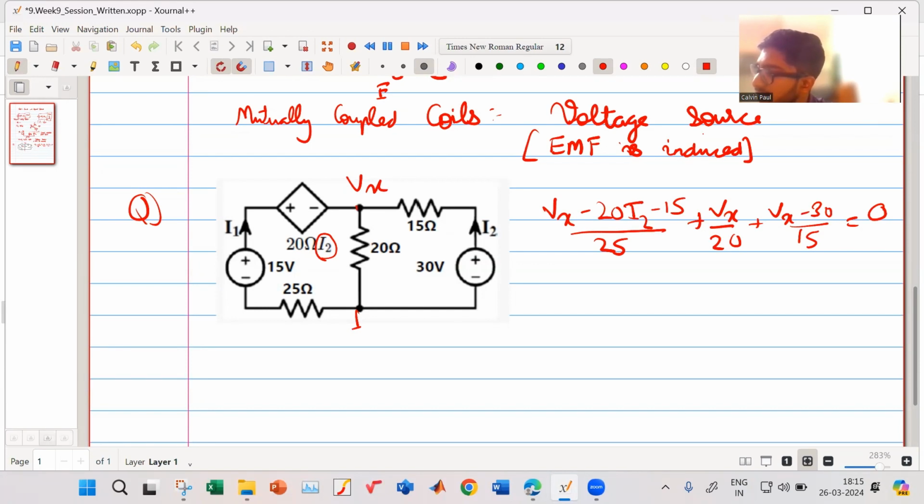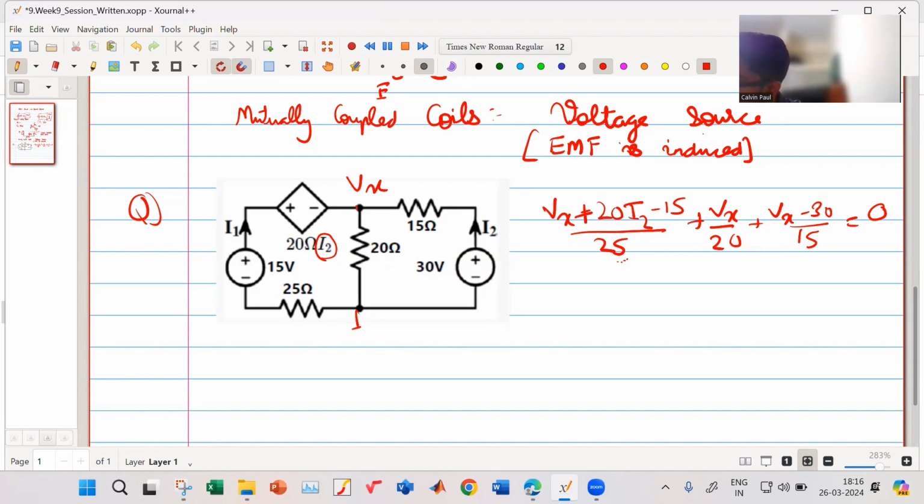We can substitute I2 is equal to Vx minus 30 divided by 15 here. But my query is, there is a mistake over here. What is the mistake? Plus 20 I2. Yes, it will be plus 20 I2.